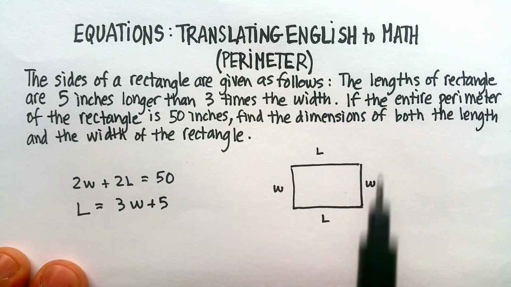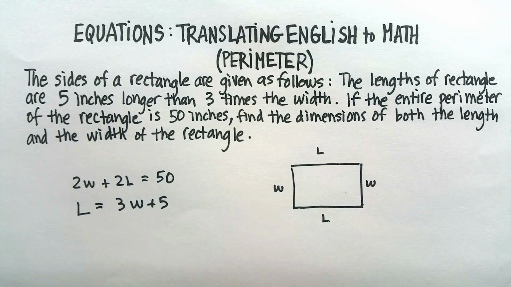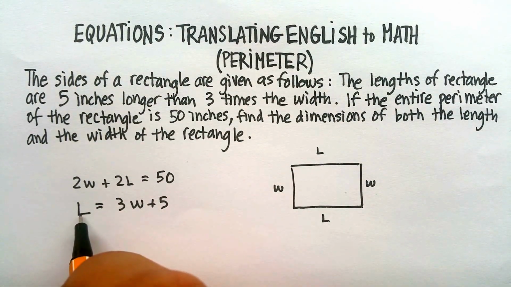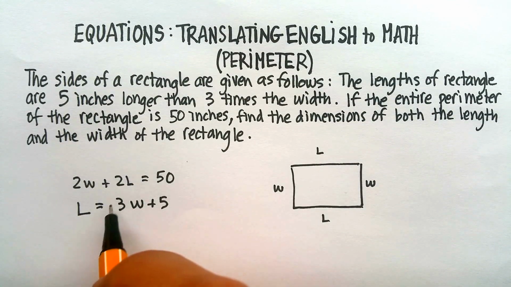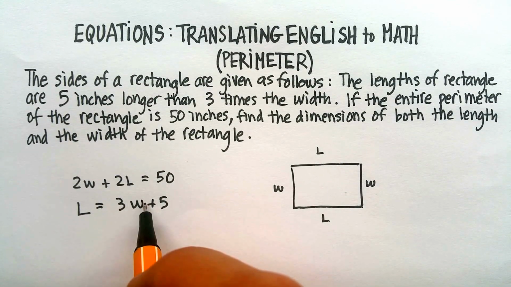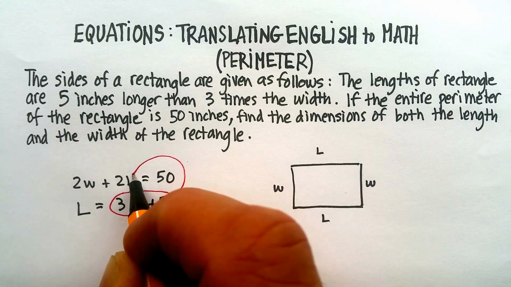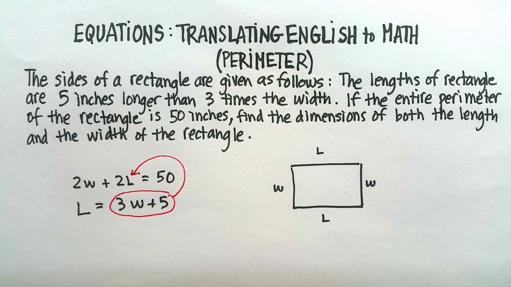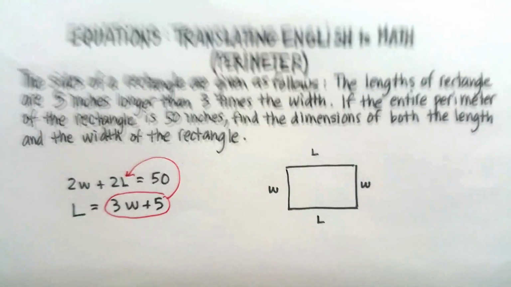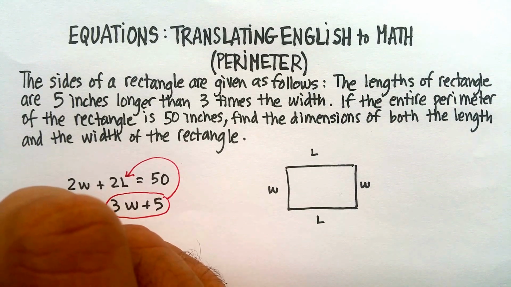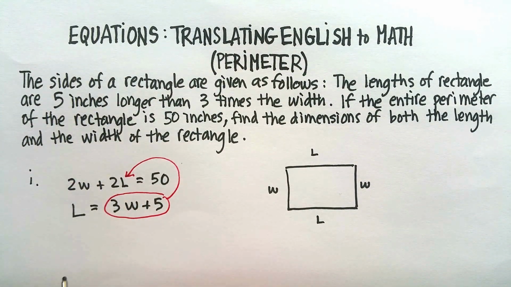Now, why is that helpful? It's helpful because wherever I see an L, I can plug in 3W plus 5. So watch. I can just put it right there. And I can rewrite this equation now. I'll call that my first set of equations.